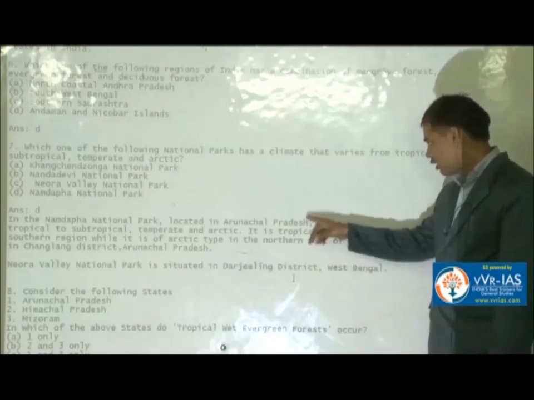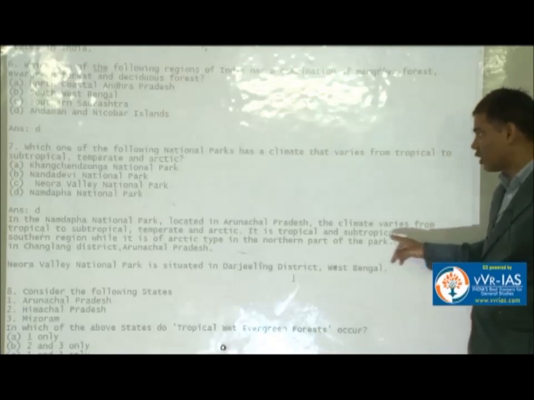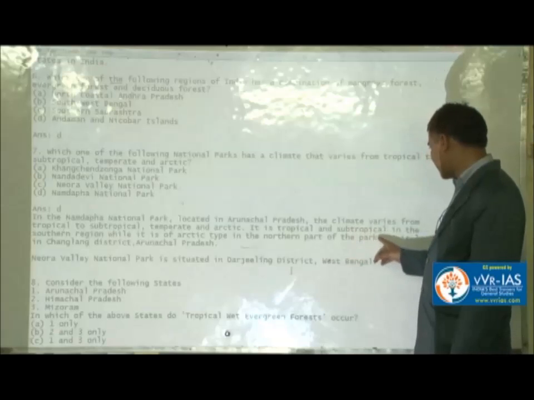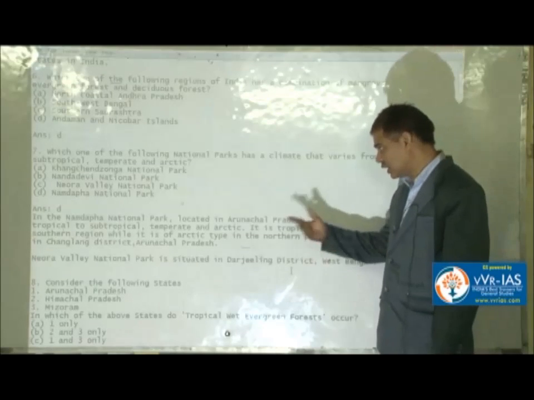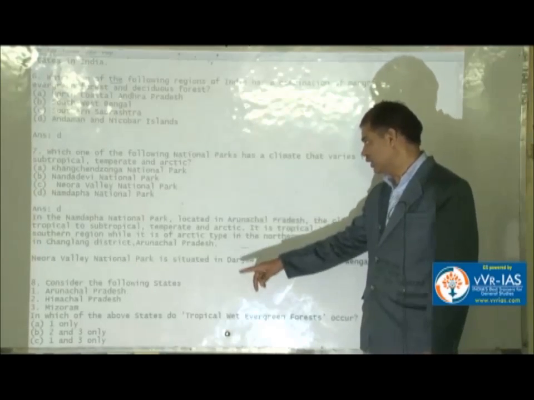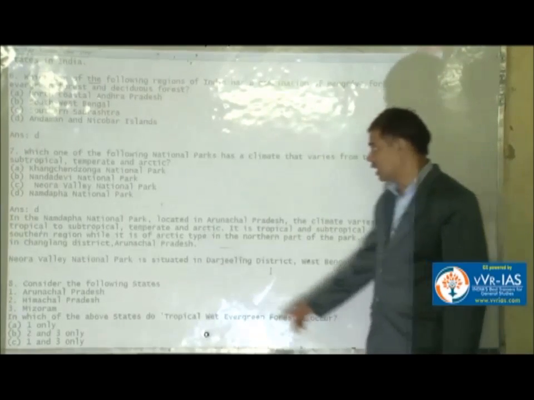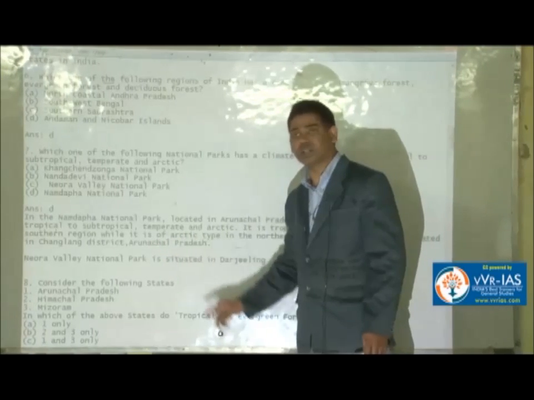Arunachal Pradesh climate varies from tropical to subtropical, temperate and Arctic. It is tropical and subtropical in the southern region, while in the northern region it is the Arctic type. Also this is located in the Changlang district of Arunachal Pradesh.